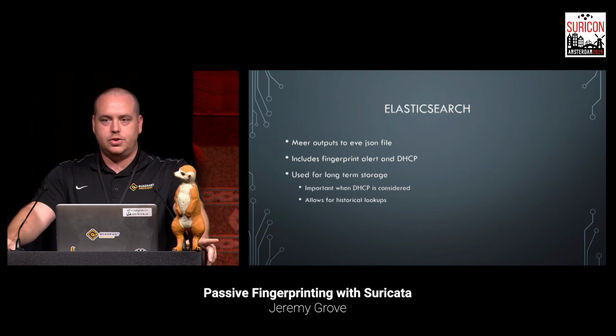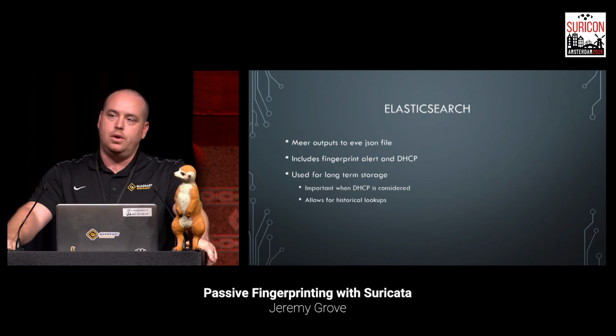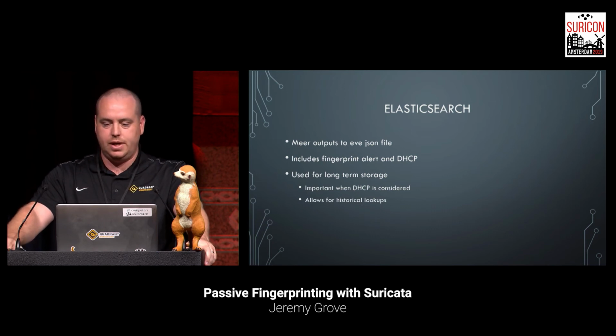So, long-term storage. Obviously Redis is not there for long-term storage, but it would be useful to solve that issue as well. When Meer is busy doing its job, it also outputs an EVE.json file with all the relevant information that you're going to need, including the fingerprint alerts and DHCP lines, and those can then be ingested into Elasticsearch.